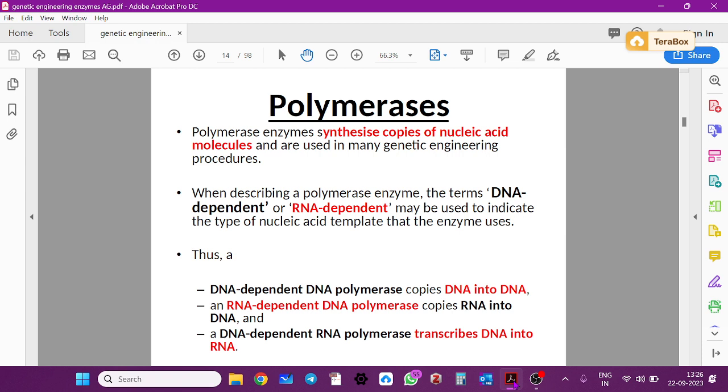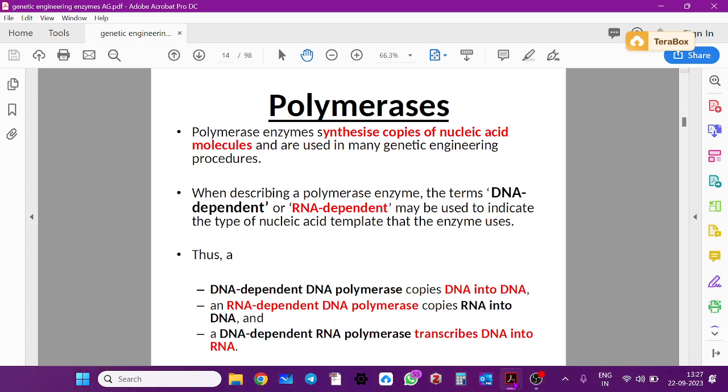You have an RNA dependent RNA polymerase, and that requires RNA as a template. The RNA dependent DNA polymerase, I am crossing this out for one reason. RNA dependent DNA polymerase: this is an RNA, and it will synthesize a reverse complementary DNA strand.